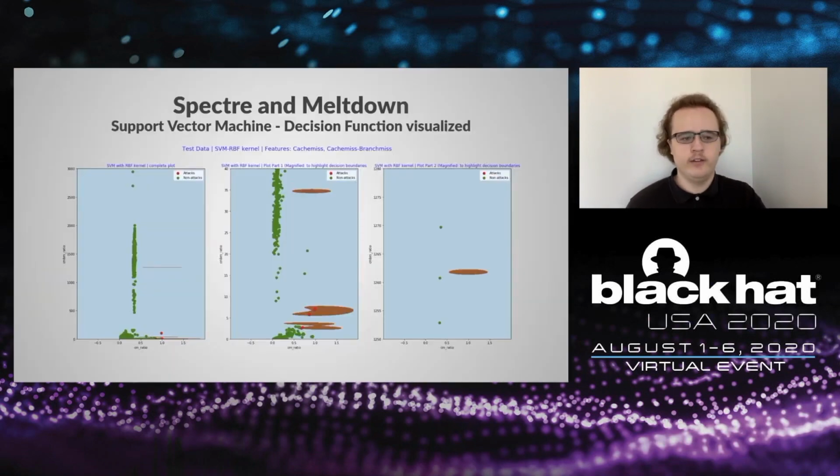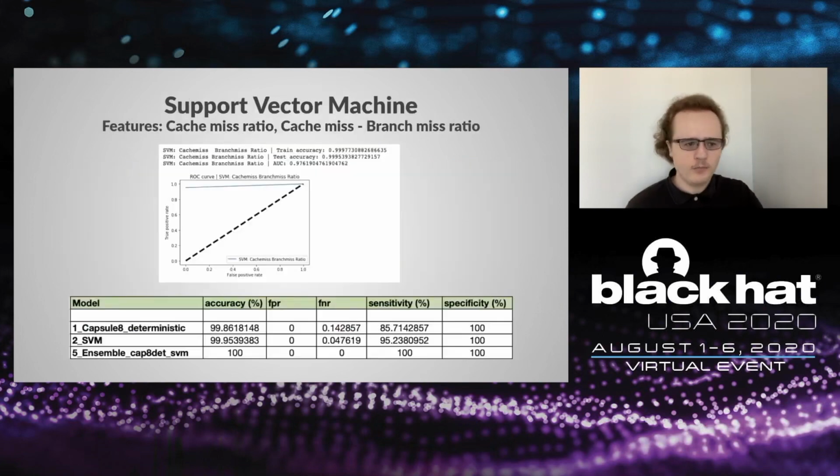So this is a visualization of the SVM model that we built around this. Ernie will go into details about what this actually means later and what SVM is. But roughly speaking, you can see the green dots are non-attacks. They're benign programs running. The red dots are attacks. They're instances of the Spectre proof of concept running. And you can see basically we've successfully drawn circles around all the red dots, which means we've caught the attacks.